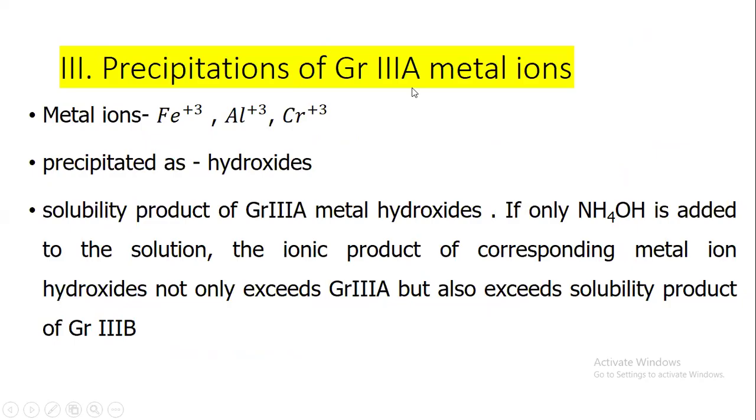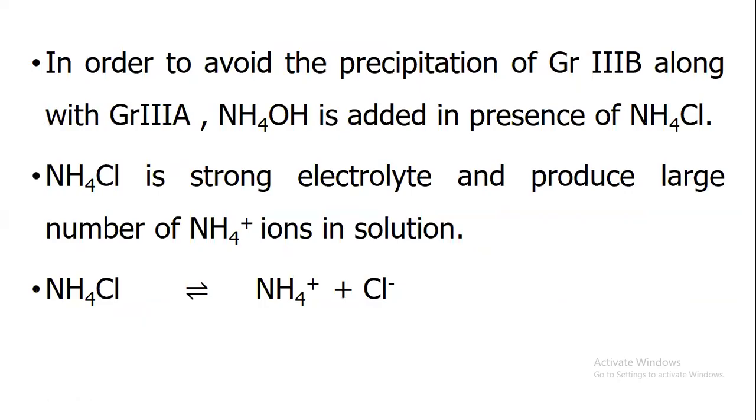Precipitation of group third metal ions: ferric, aluminum, and chromium hydroxides. When ammonium hydroxide is added, the ionic product of the corresponding metal hydroxides exceeds not only the solubility product of group third but also that of group fourth.